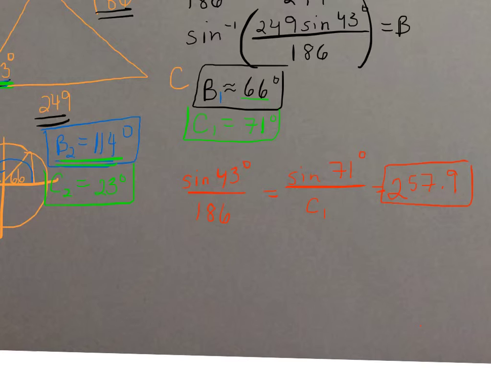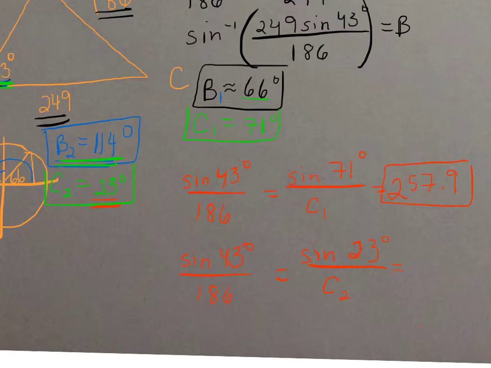Now do all of that again, but this time I'm going to use angle C2. So sine 43, again, back to the given information. Don't use any of the rounded numbers whenever possible. Equals sine of angle C2, so now I'm going to use the 23 degree angle, over side C2.